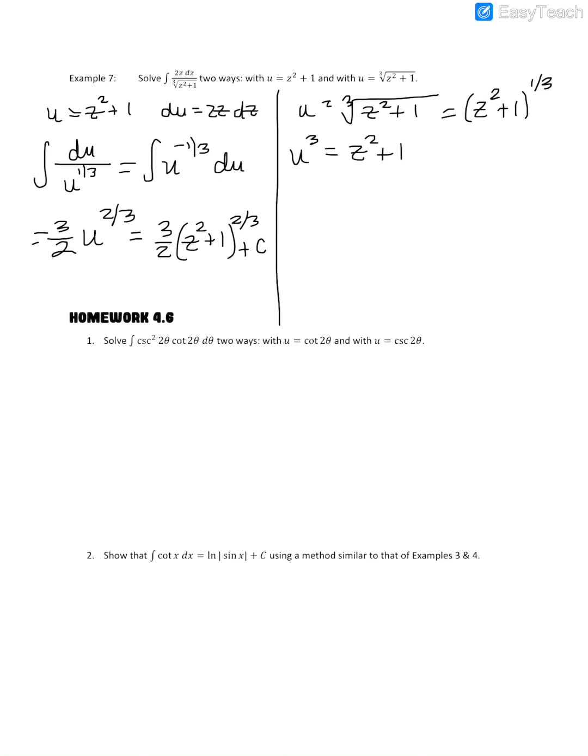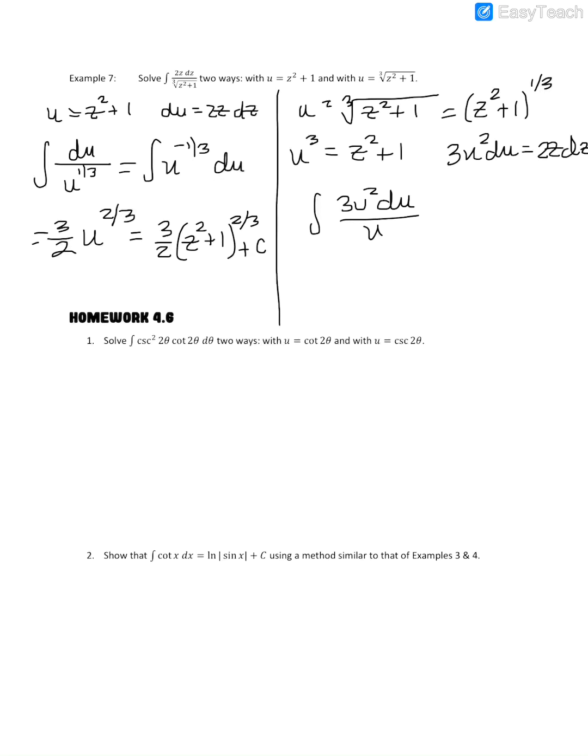Now let's do the derivative. 3u squared du is equal to 2z dz. Notice the 2z dz is the top, so this is going to give me 3u squared du. And then on the bottom is just plain u, because that's what I made my u, the cubed root of z squared plus 1.